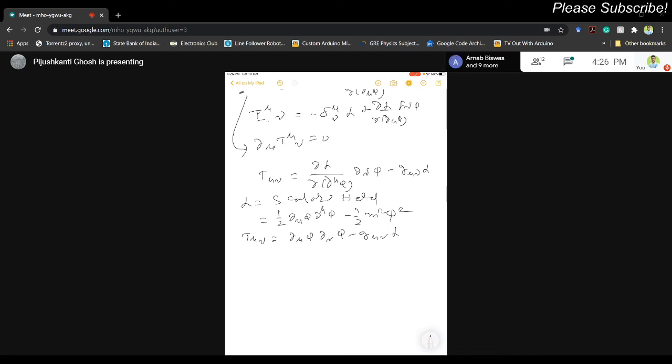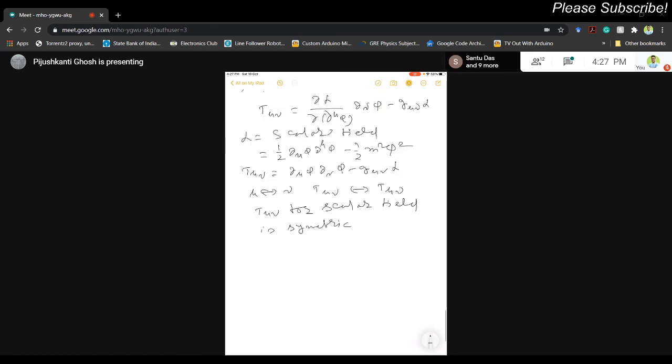Now from here, note that under mu goes to nu, T^mu_nu goes to T^nu_mu. Okay, so T^mu_nu for scalar field is a symmetric tensor, but this is not always true. T^mu_nu for scalar field is symmetric, but this is not always true for Maxwell field.